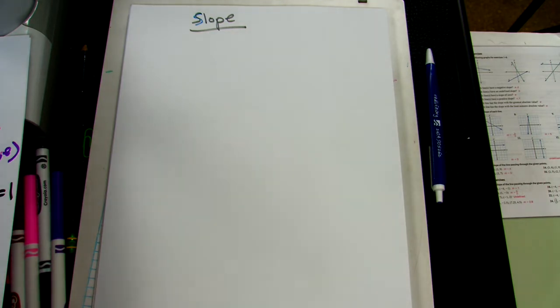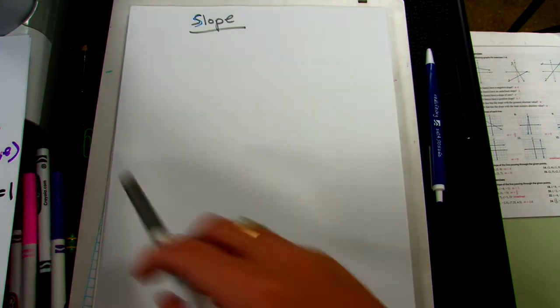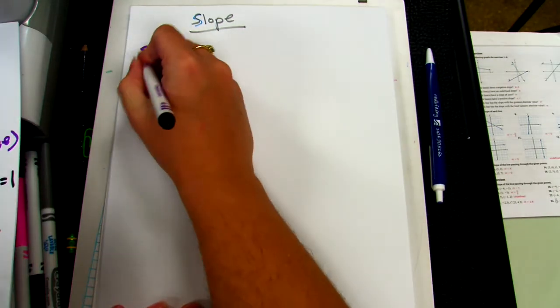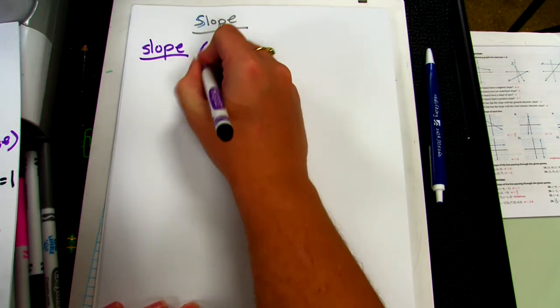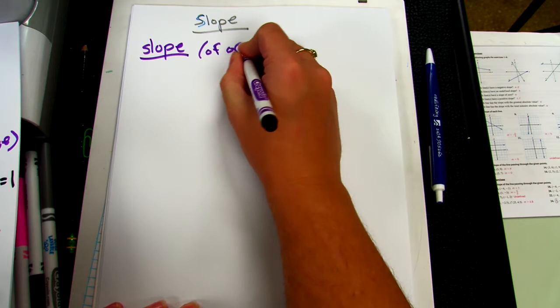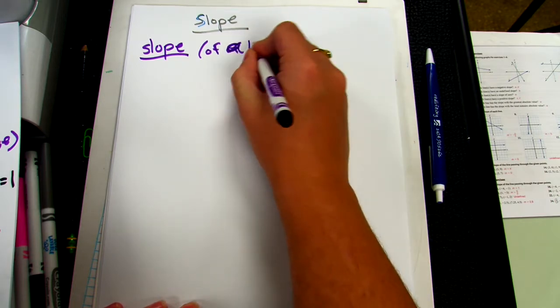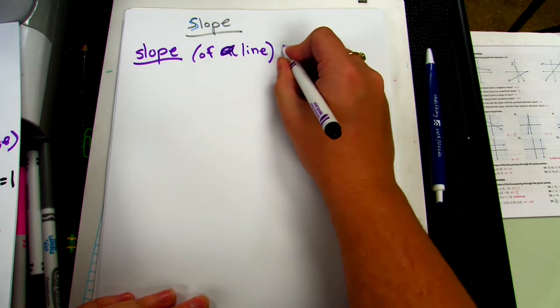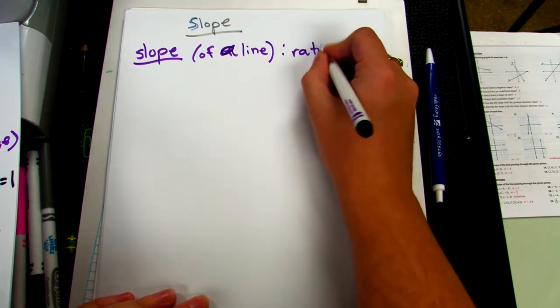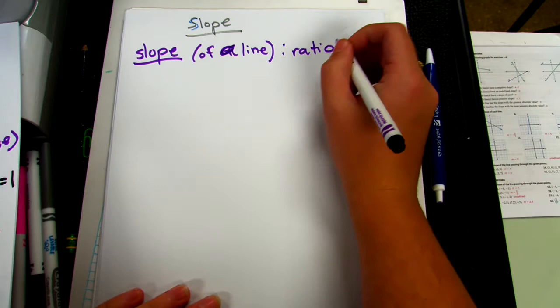So in math, we have the word slope as well. But the mathematical definition is just a little different. The slope, and we usually say the slope of a line, is the ratio. And remember, a ratio is just a fraction.